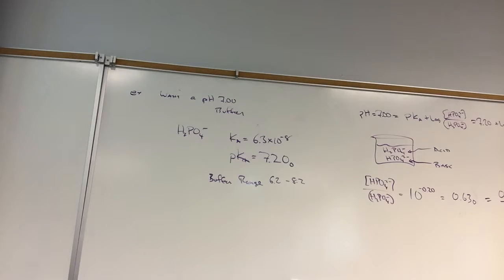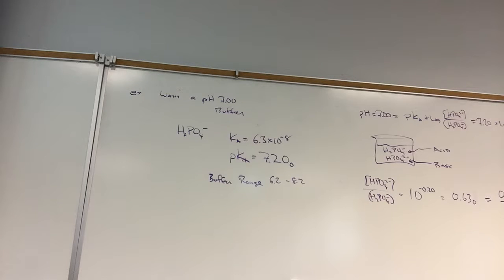Or let's invert this. If you invert this, then for every 1 part of base, how many parts of acid do we need? It's going to be greater. Just invert it.